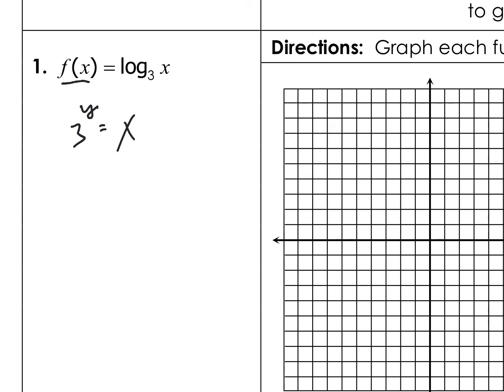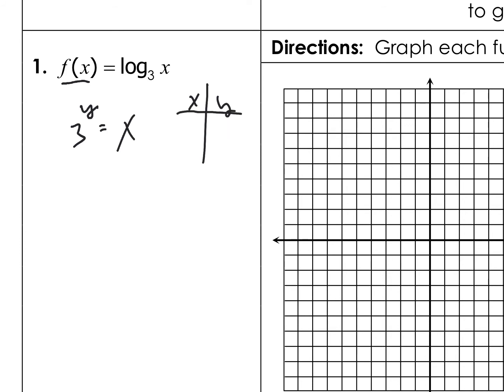So if you could say to yourself, well, let's see, if I was doing 3 to the y equals x, and that's just an exponential function, because 3 is the base, and you make a table of x's and y's.